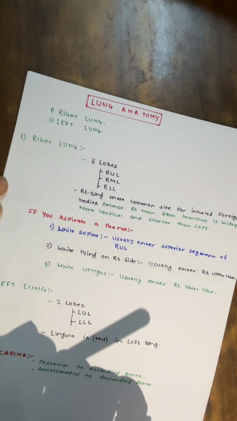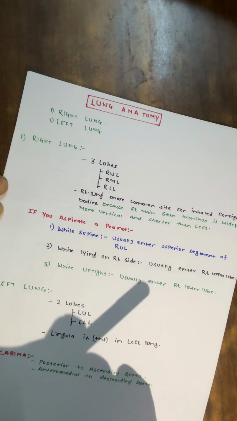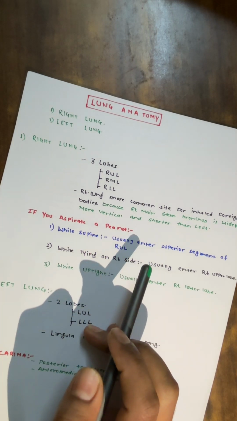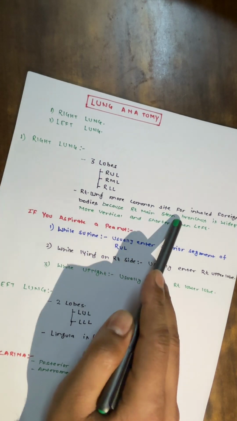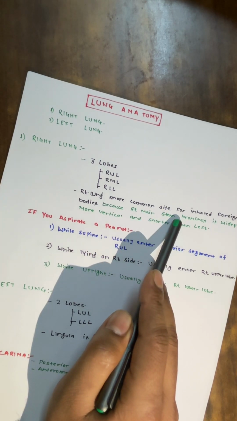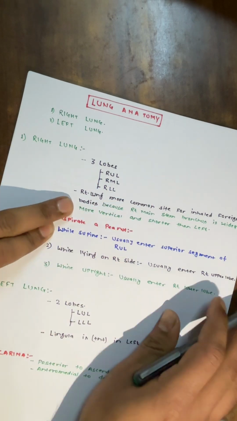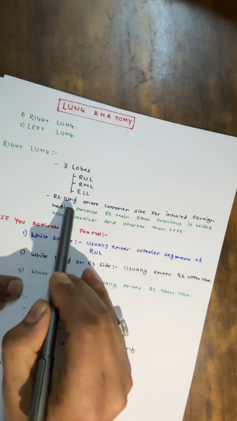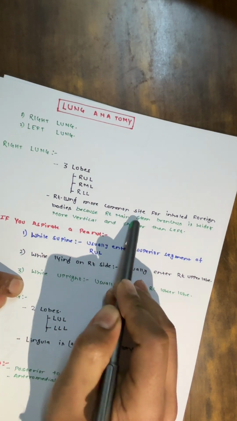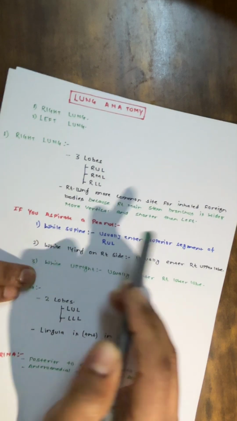A classic exam question involves foreign body aspiration. Always remember the right mainstem bronchus is wider, shorter, and more vertical than the left. So make it the highway for inhaled objects like peanuts. That's why the right lung is the more common site for inhaled foreign bodies, because the right mainstem bronchus is wider, more vertical, and shorter than the left.